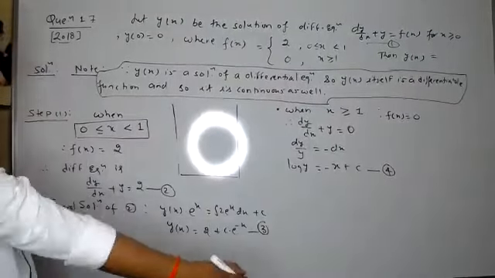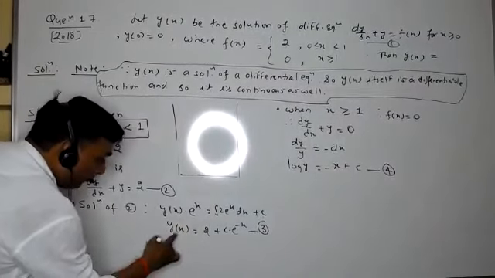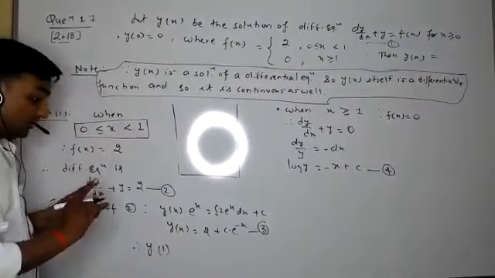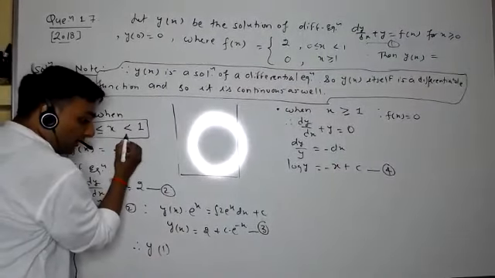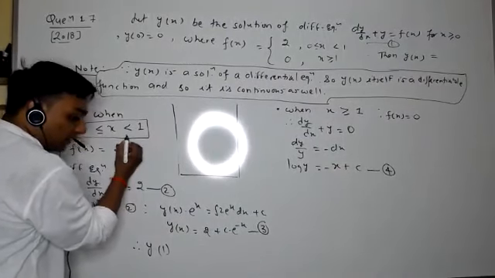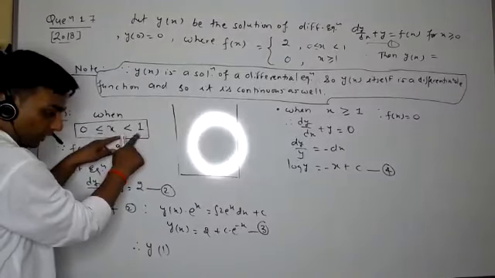Now we will see, if you write y at 1 from this, look carefully at this, although 1 is not involved here, right? Are you noticing this point? That this is defined for x less than 1.